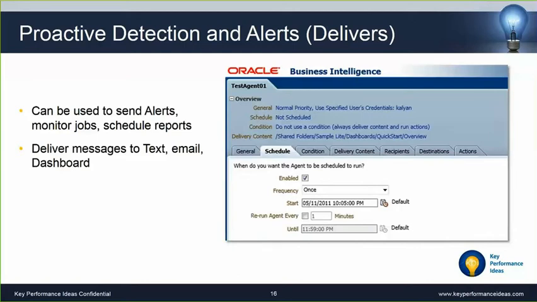But the real power of it is you can design any report and decide on a time frame, and based on the results of that report, deliver an alert to a user through email, text, or directly to your dashboard. There's a little icon on the dashboard.